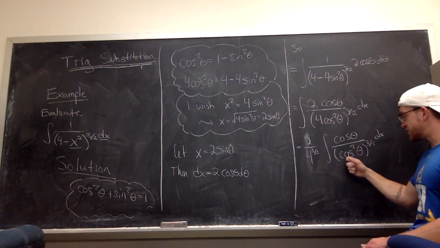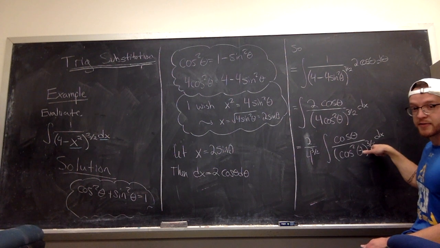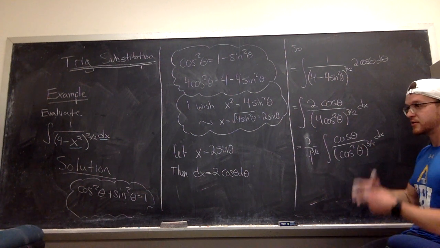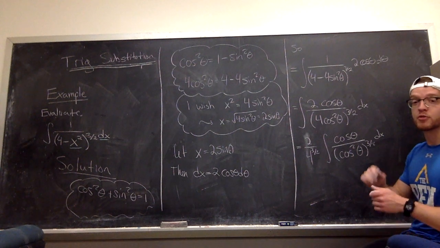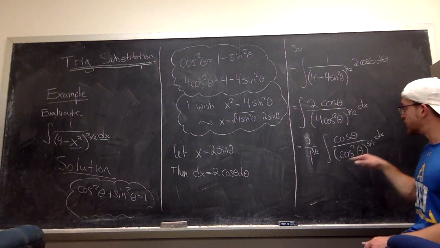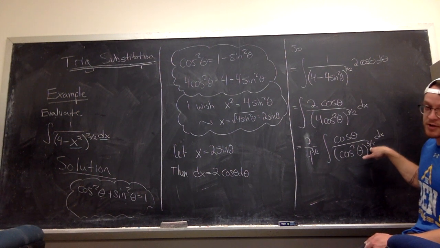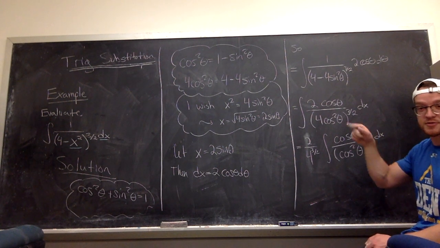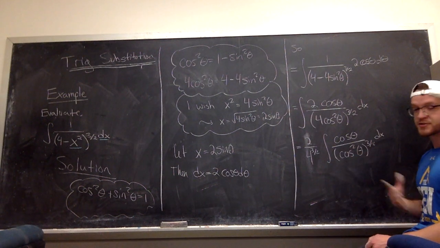And then the idea is cosine squared to the 3/2. This is the same thing as cosine to the 2 times 3/2. 2 times 3/2 is 3, because the 2's cancel out. So the denominator, when you simplify it here, is just cosine cubed.